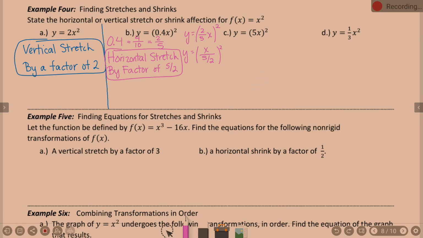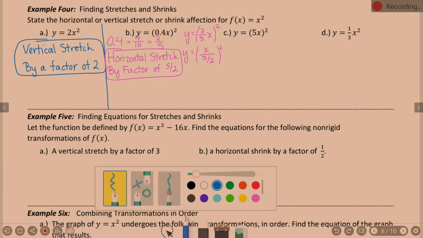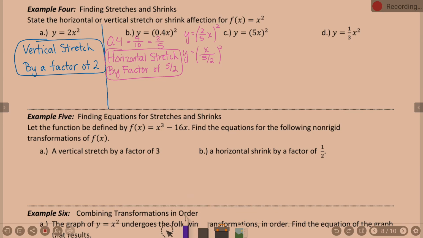Okay. I took you the little bit longer route there because I needed to address horizontal. What if instead 0.4x quantity squared? What if I just apply that square? What is 0.4x times 0.4x? 16. Yeah. 0.16 x squared.